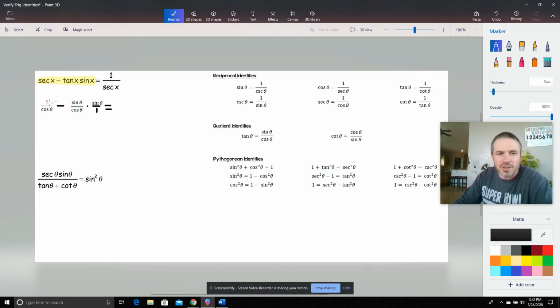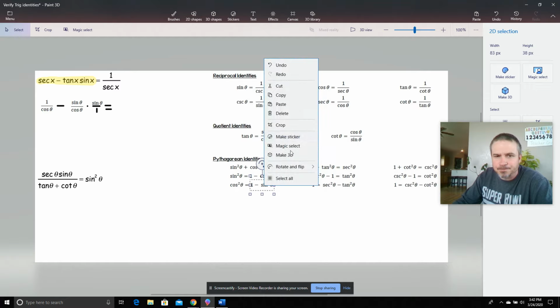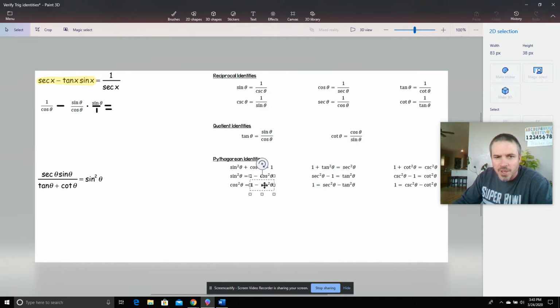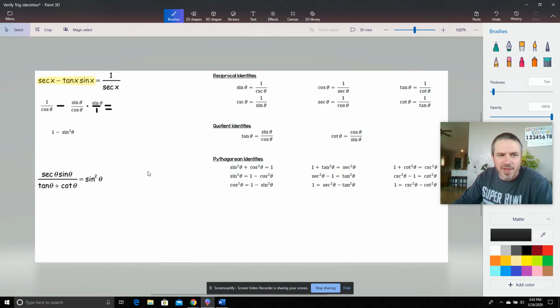We know that we're trying to make this left side look like the right side. So what we have here is some fraction math. We can multiply these fractions, and then we have a common denominator of cosine. So we multiply the numerators on this side and then combine these fractions. If we do that, on the top of the first fraction, we're going to get 1 minus sine squared of theta.